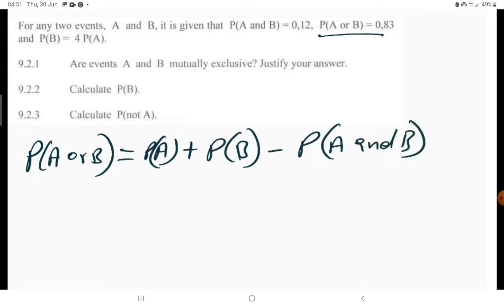So we have this information. Now let's do substitution. The probability of A or B is given by 0.83.